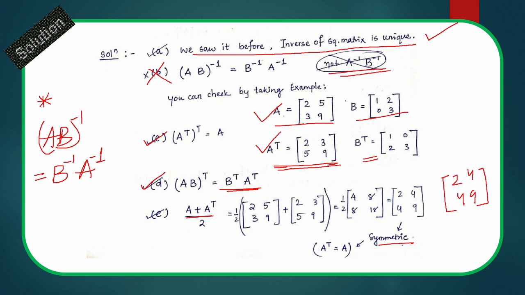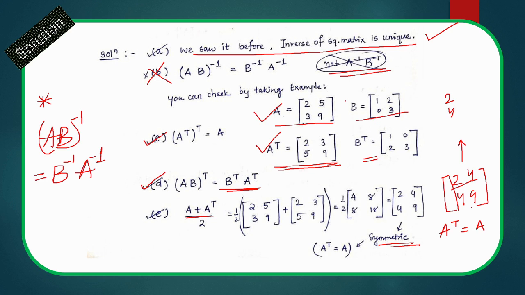What is symmetric? Symmetric means A transpose equal to A, so row will be column and column will be row. If you want to find out the transpose of this matrix [[2, 4],[4, 9]], first write the first row as first column, 2 4.